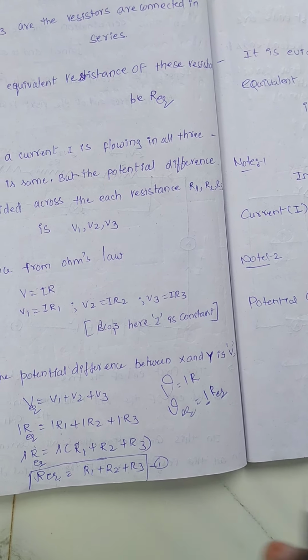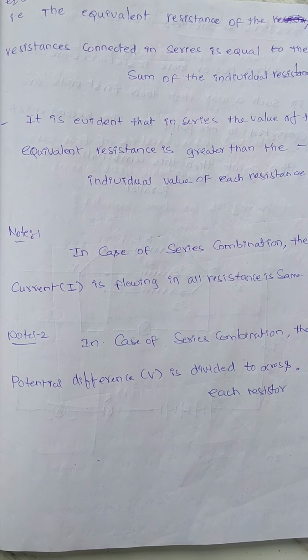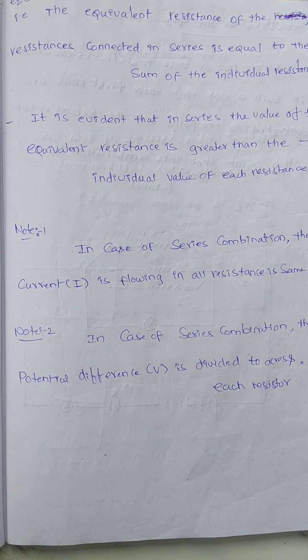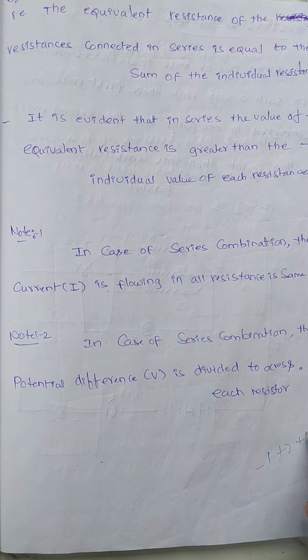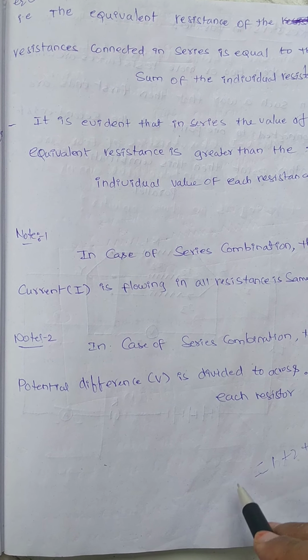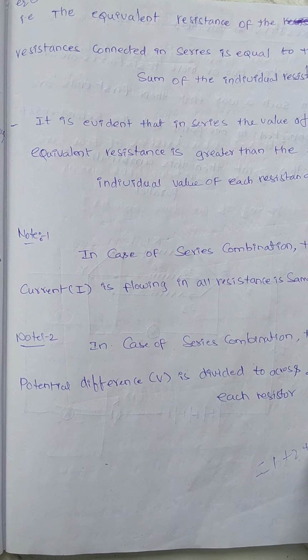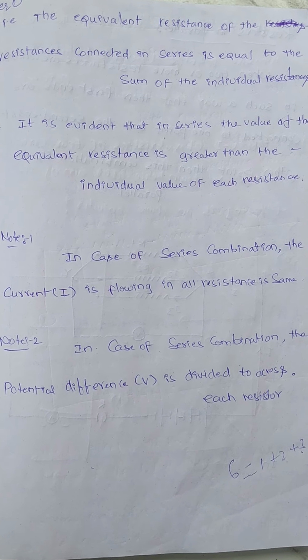So it is evident that in series the value of the equivalent resistance is greater than the individual value of each resistance. R equivalent equal to R1 plus R2 plus R3. For example, R1 is 1 ohm, R2 is 2 ohm, R3 is 3 ohm. Finally how much is R equivalent? 2 plus 3 is 5, plus 1 is 6. R equivalent equal to 6 ohm.